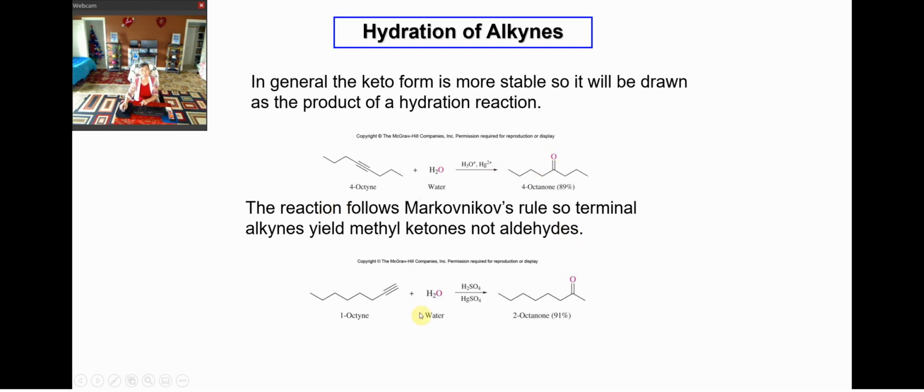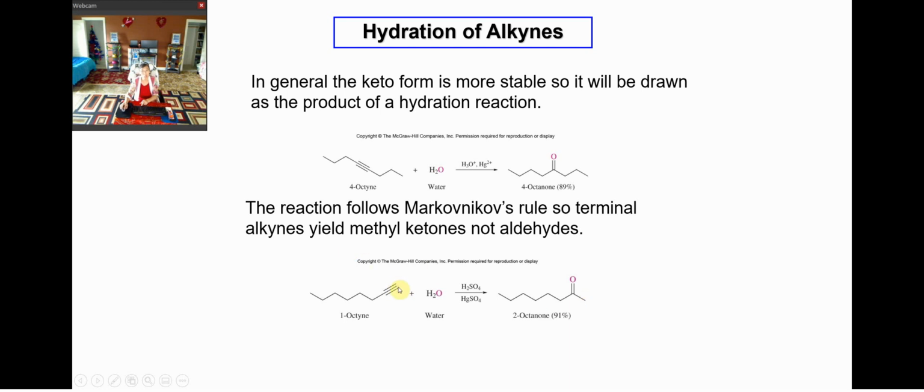Another reaction is this 1-octyne. 1-octyne is going to allow the second carbon to be bonded with your oxygen. You are going to follow Markovnikov's rule. You are not going to produce the terminal carbon bonded with oxygen.